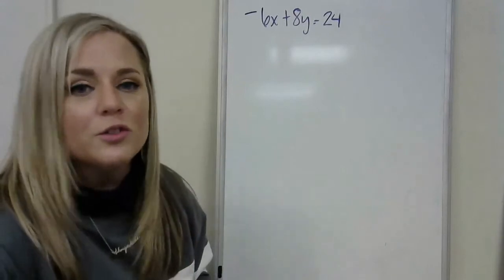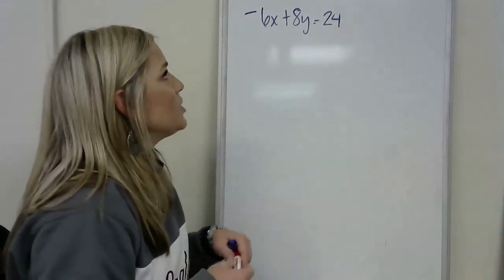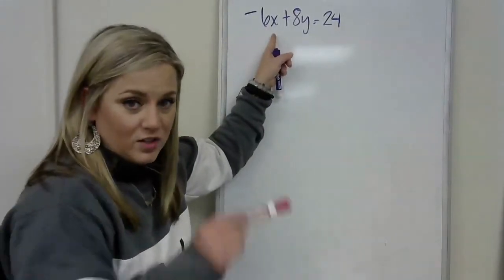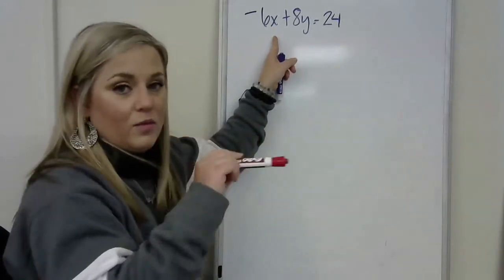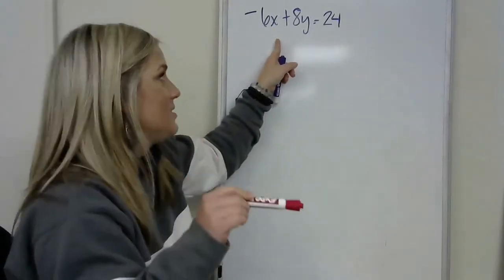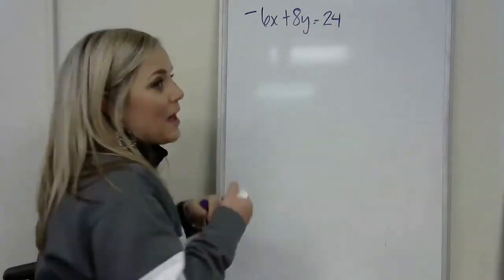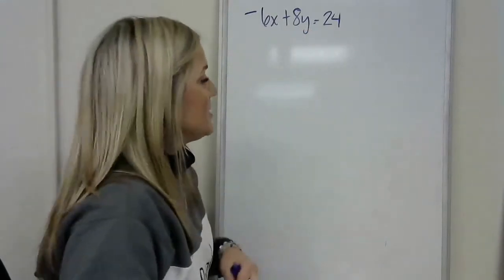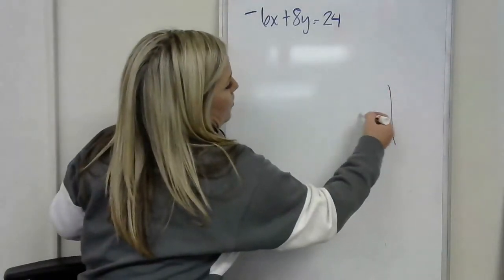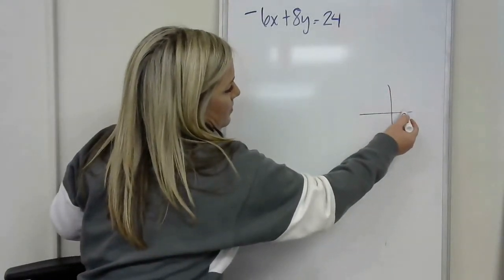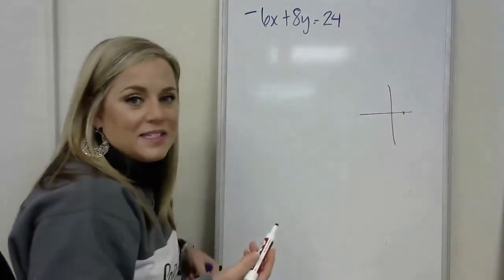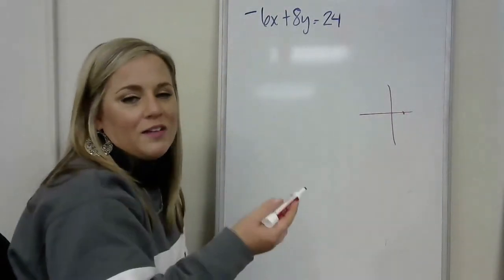So to figure out where it's going to cross the x-axis, we're going to plug in 0 for y, okay? That makes sense because we want to know where it crosses here. Well, your y has to be 0, not moving, for it to be there.